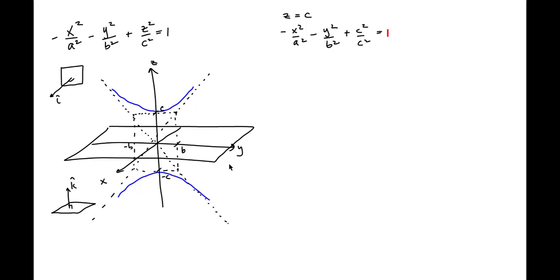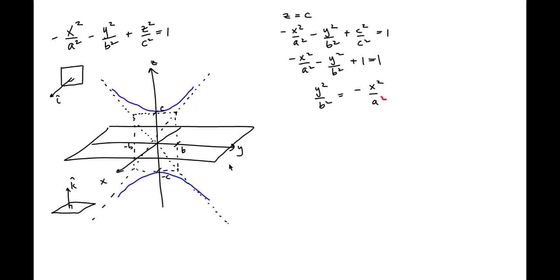C squared over c squared is 1. This ends up being minus x squared over a squared minus y squared over b squared plus 1 equals 1. We end up with y squared over b squared equals minus x squared over a squared when we do the algebra for that.